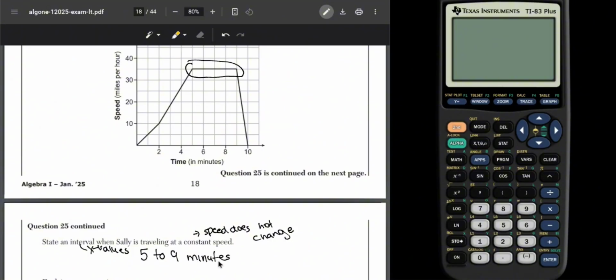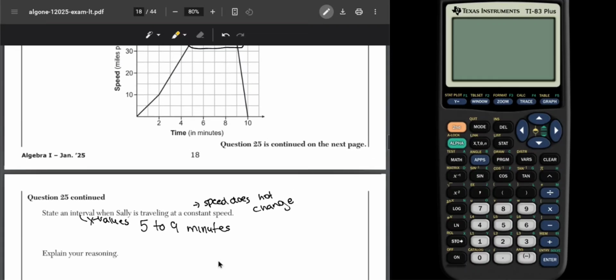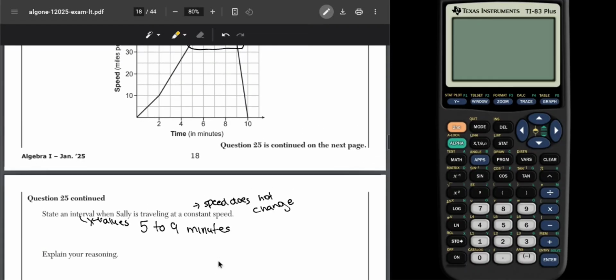And then the second part says, explain your reasoning. So why does she remain at a constant speed between 5 and 9?